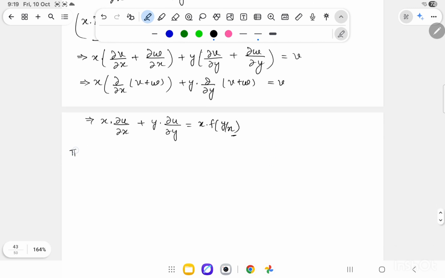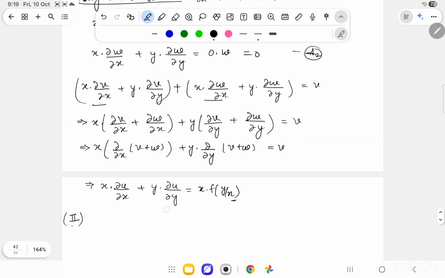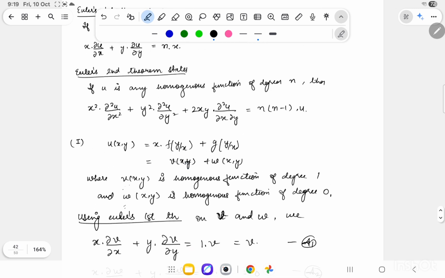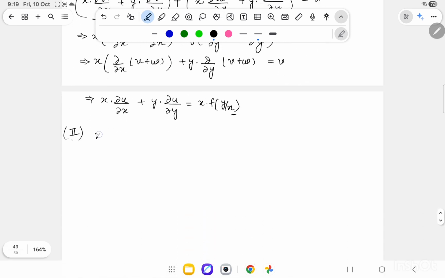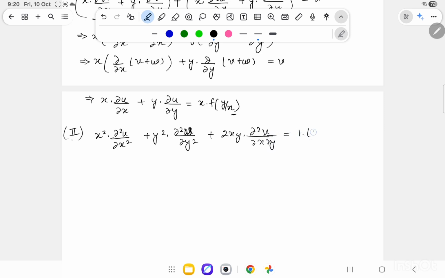Now let's prove the second relation. Likewise, if we apply Euler's second theorem on the functions v and w separately, we'll get x square del square v by del x square plus y square del square v by del y square plus 2xy del square v by del x del y equals n, that is 1, into 1 minus 1 times v, which is 0 only.